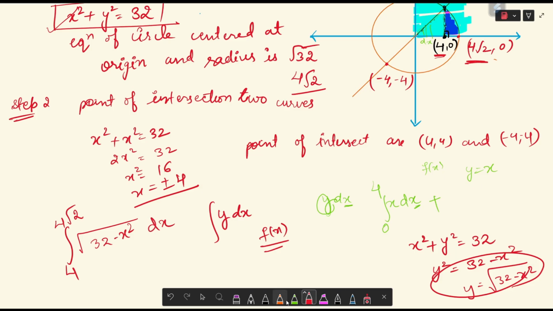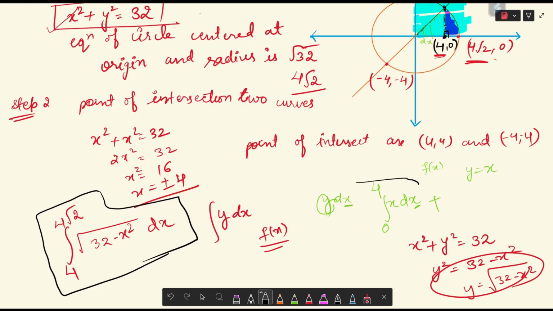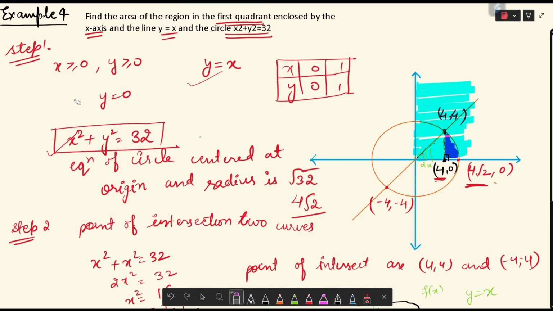So the two integrals you need to find are the first one and the second one, and you will get the solution. So let us do it, and let me clear this part.